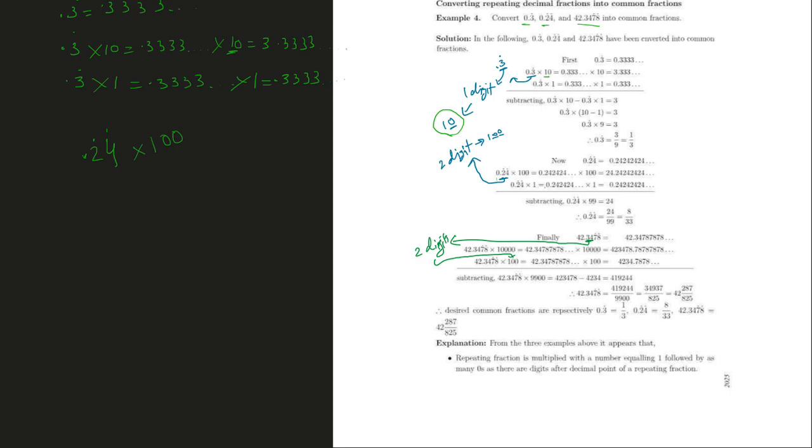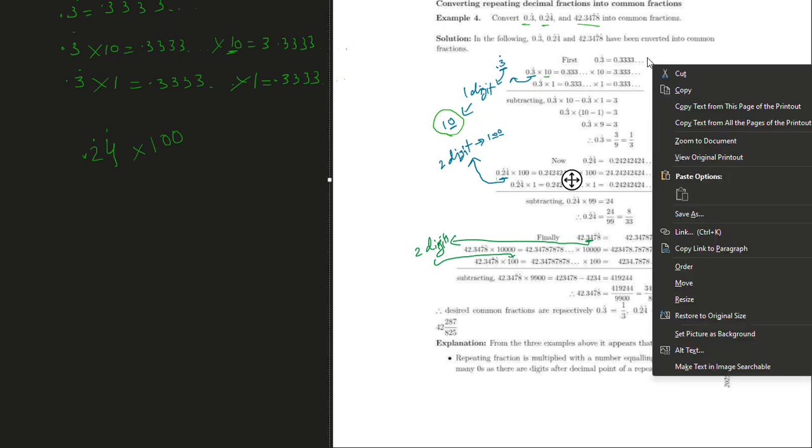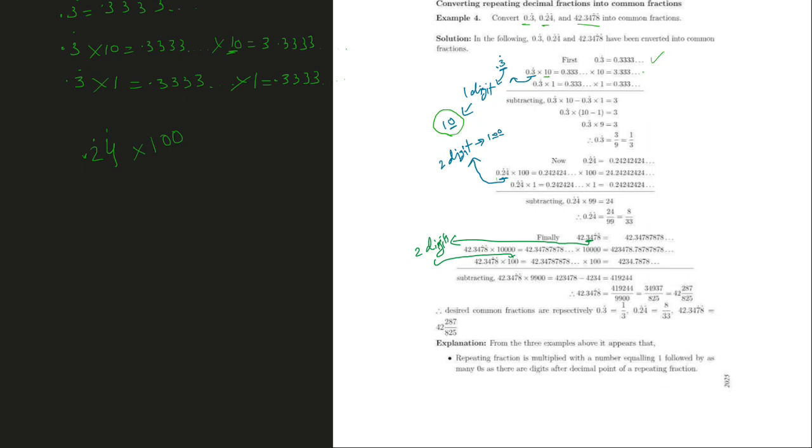Here what they did: first they expand the number, then they multiply it with 10, and then they multiply it with 1. They subtract the product of 1 from the product of 10, and they get a result.